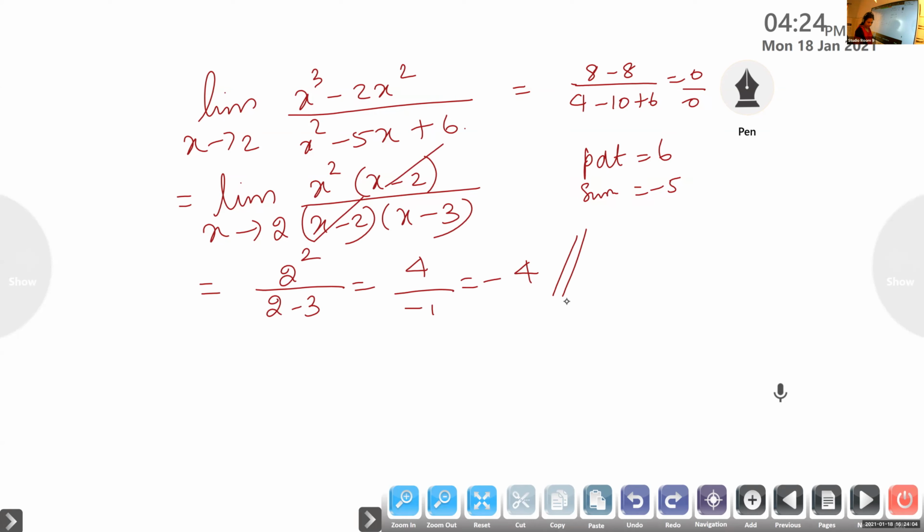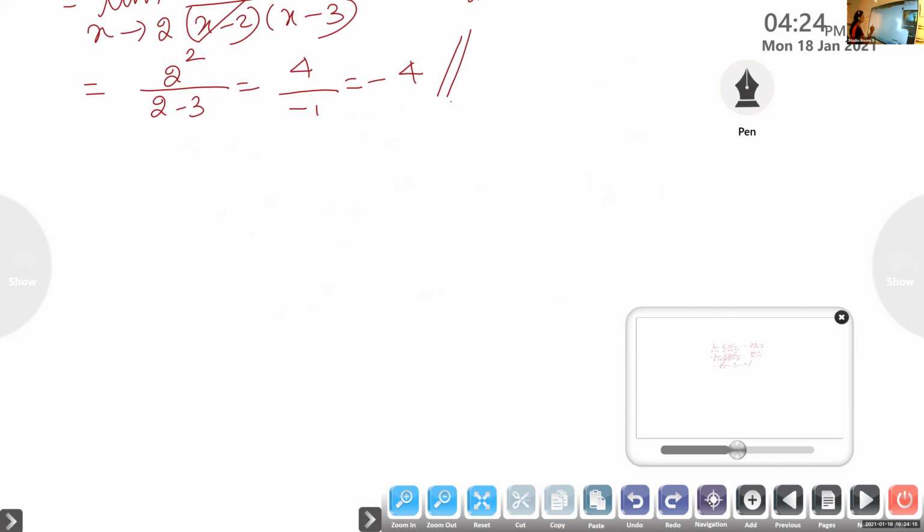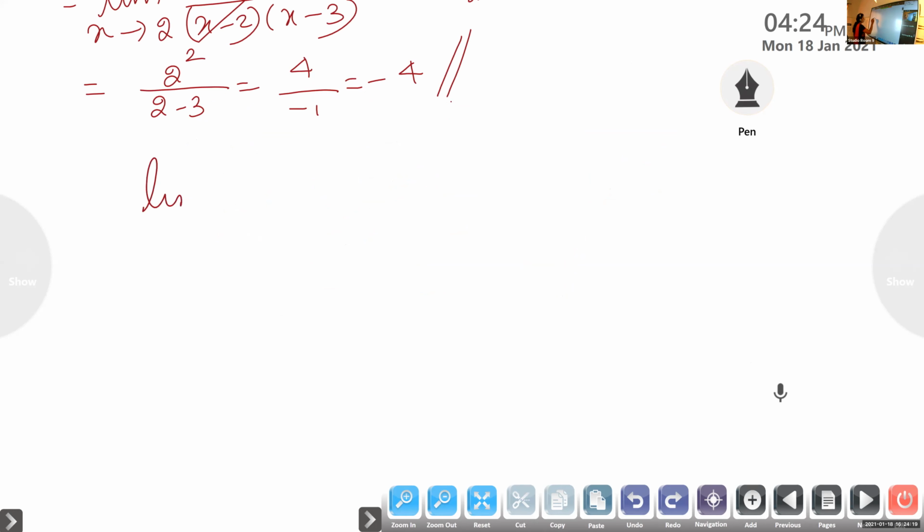Okay. Write the next one. Limit x tending to 2, 3x square minus x minus 10 by x square minus 4.